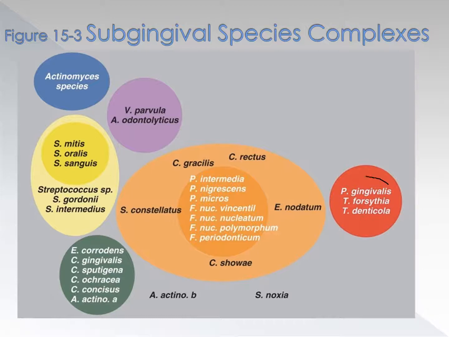Need to know these guys right here. Okay, and then our Actinomyces species also are definitely important to know. So those are the ones that the boards really want you to know about, that these are our subgingival species complex.